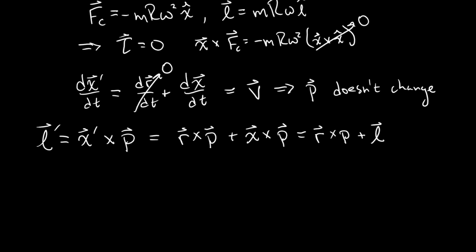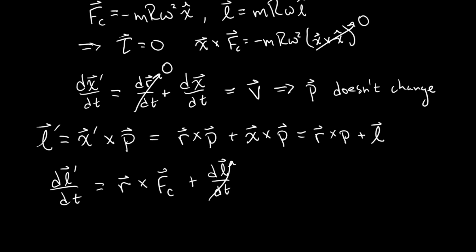Okay, so now I can ask, is this conserved? And I can find that by just taking a time derivative of this. What I find is that I get something like r cross F, and the only force acting on this is the centripetal force. So this is r cross Fc plus dL dt, but I know that that's 0.